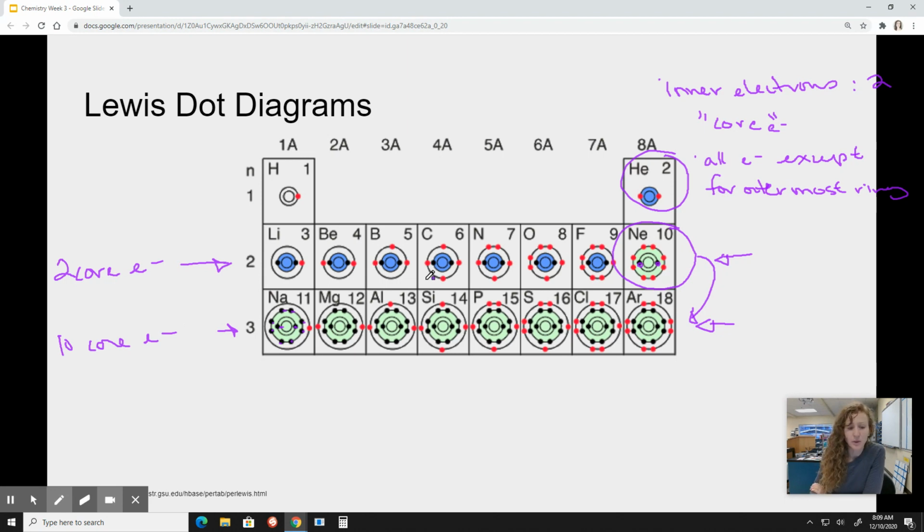The other thing I want you to notice, compared to the core electrons, are those outermost electrons. Take a minute and look at the periodic table and see if you can find any patterns in the outermost electrons.